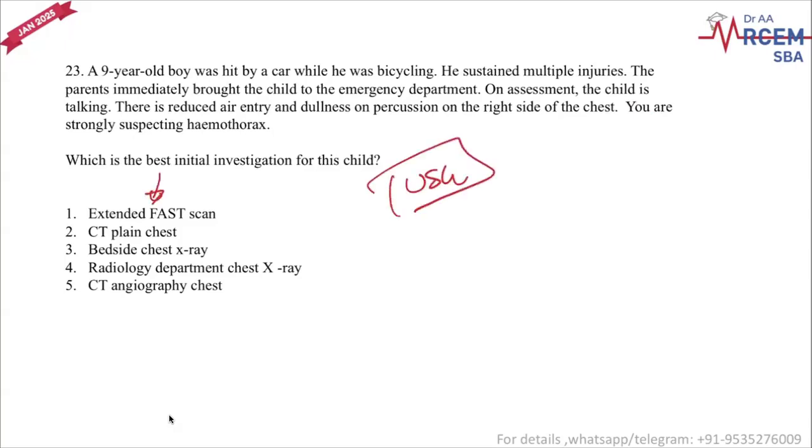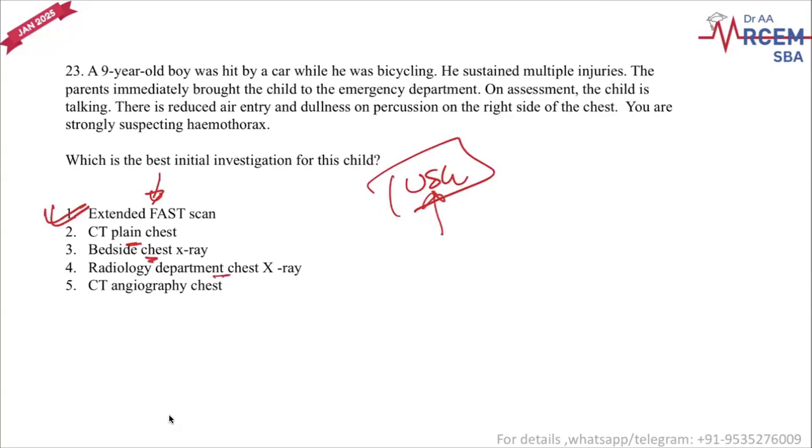Ultrasound is more sensitive to pick up a pneumothorax or a hemothorax or lung pathology in a trauma case compared to an X-ray. So ultrasound scan is the best one. So extended FAST scan is the right answer here. CT scan is not a bedside investigation. You need to shift the patient. Bedside X-ray is a good one, but it's not as sensitive as an ultrasound.